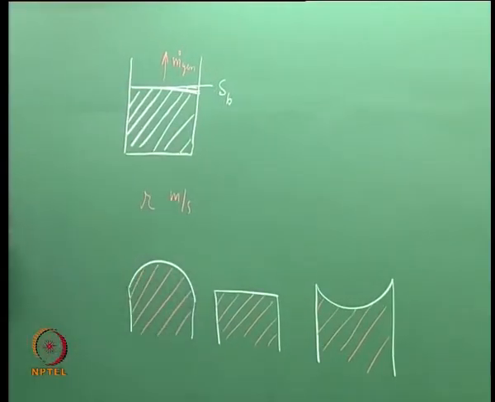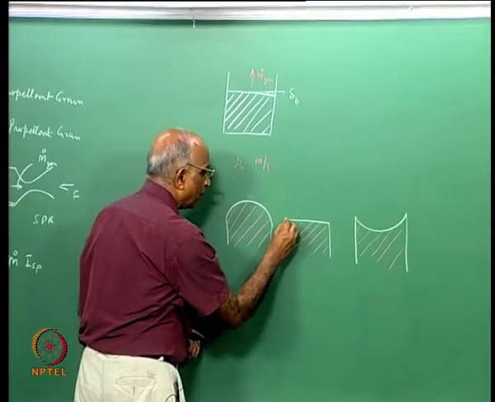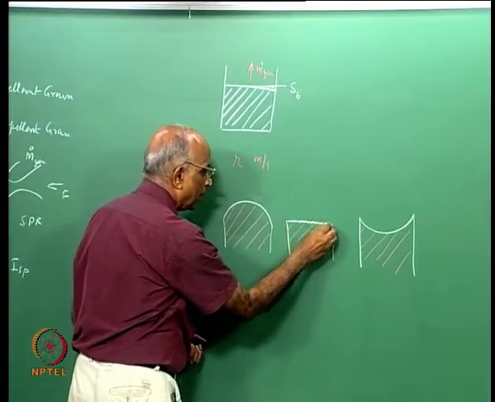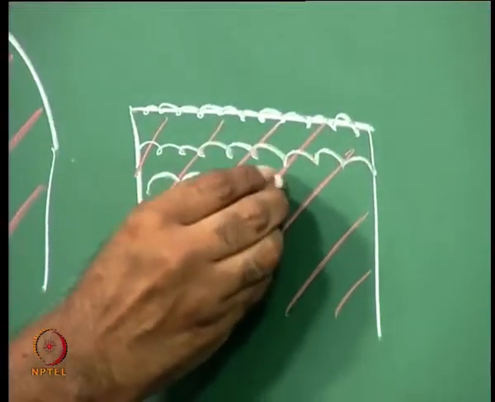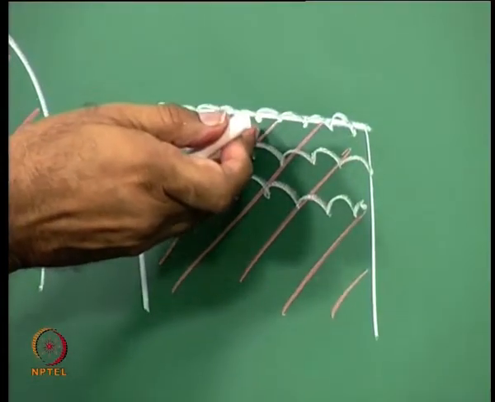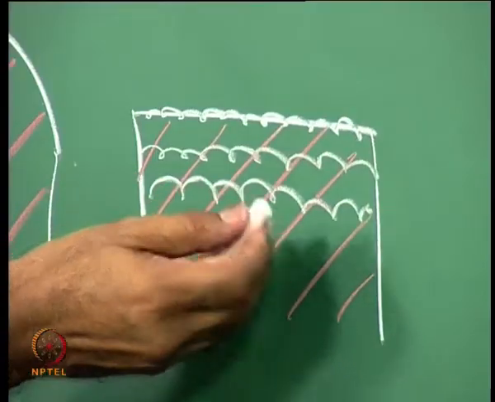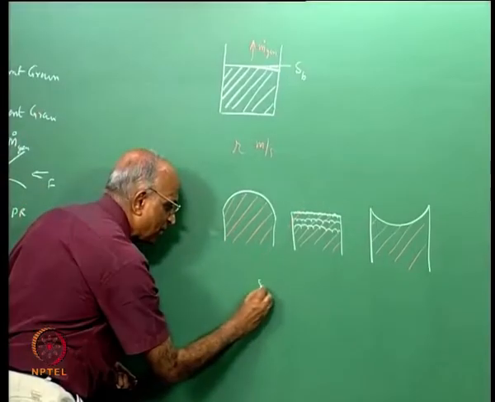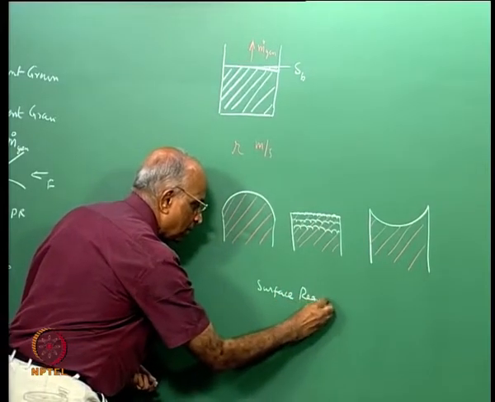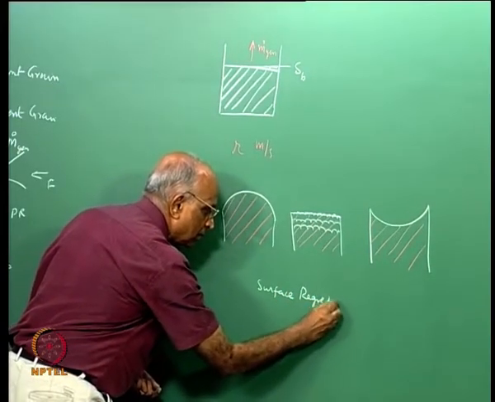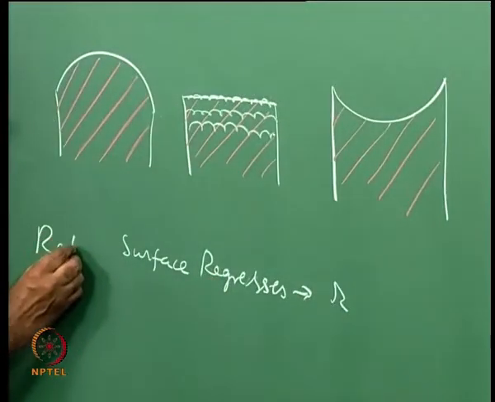Let me consider these cases. When I start burning at the surface over here, at the next instant the flame comes over here, and then over here. In other words, the burning progresses into the propellant. As it burns, it eats more and more, and the rate at which the surface regresses is what we call the burning rate.